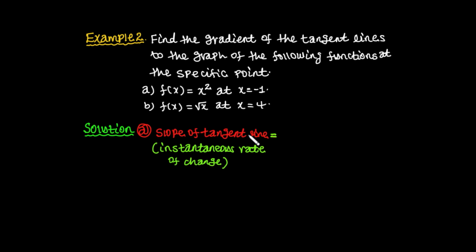So what is the slope of the tangent line? What's the formula? In short, you have to use the function f of x minus, at the given point, f of a over what?